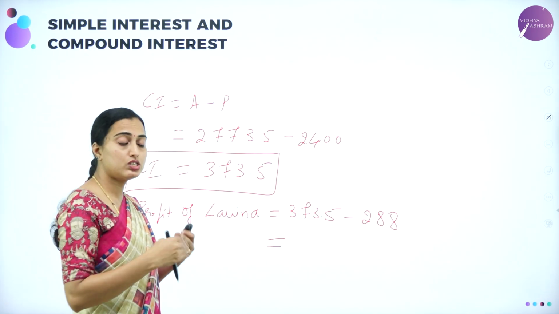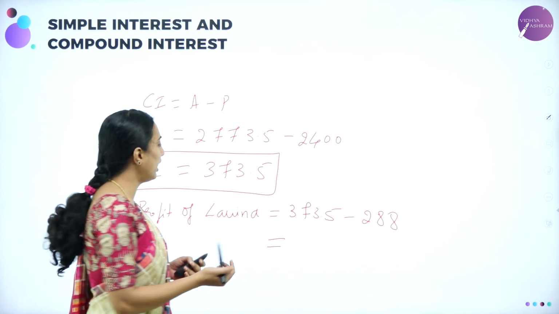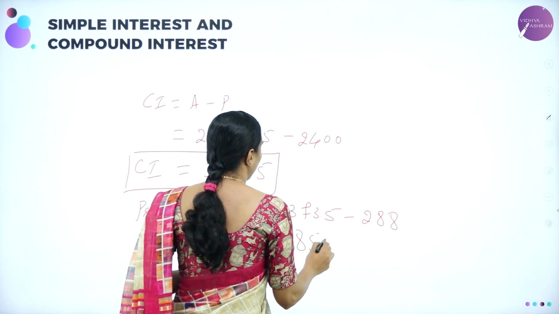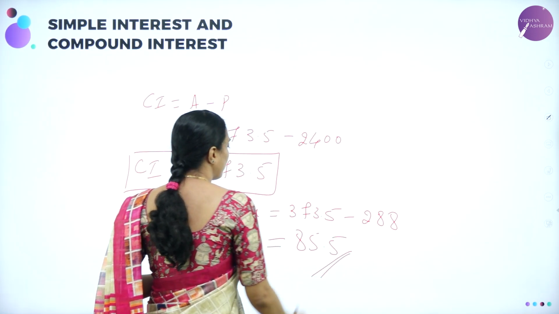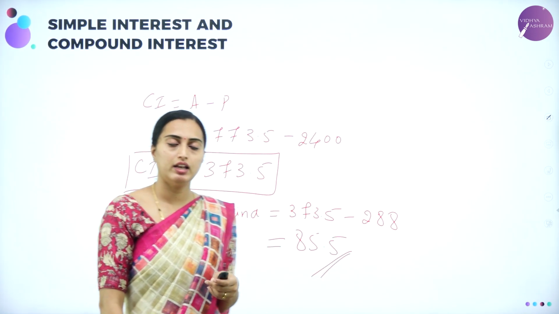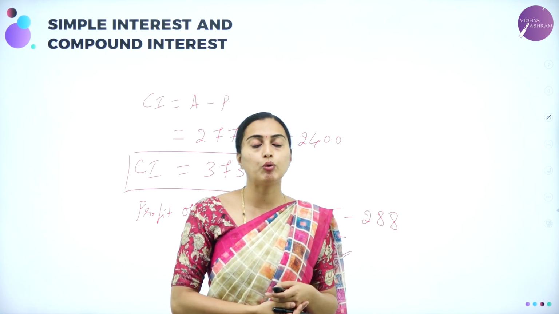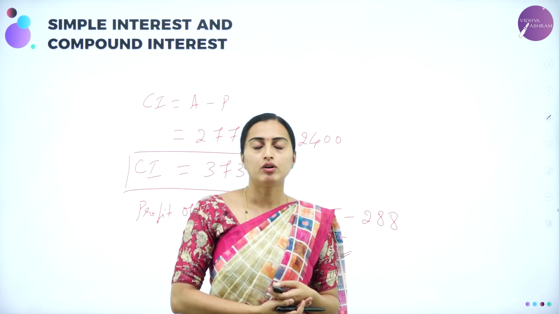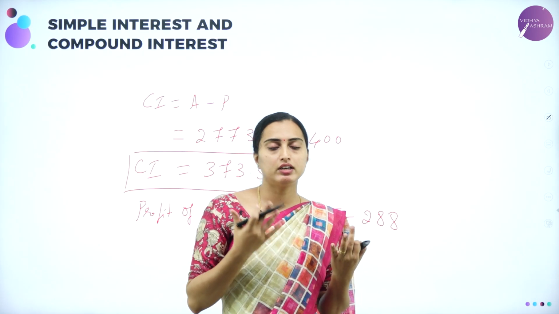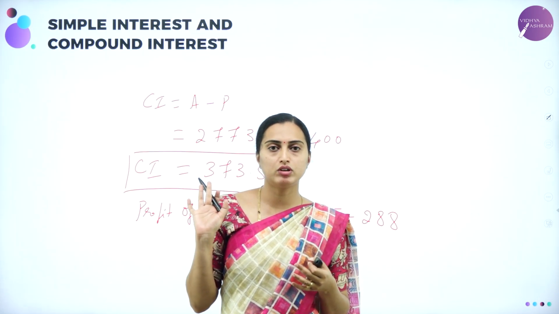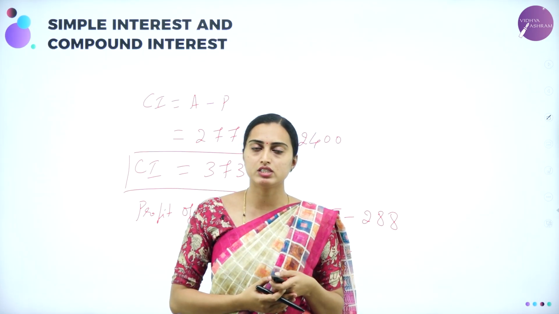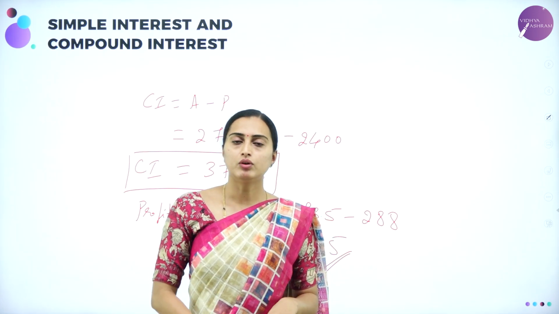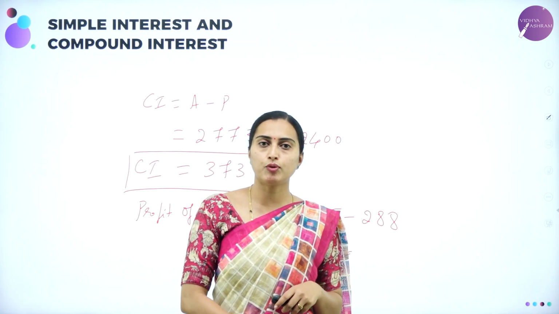So therefore, she is going to gain a profit of 85.5. Okay, this was the profit gained by Levina. That's it, dear students. I hope you understood this problem. Based on the simple interest and compound interest formulas only we are solving these kinds of problems. Okay, dear students, we'll move on to the next problem.